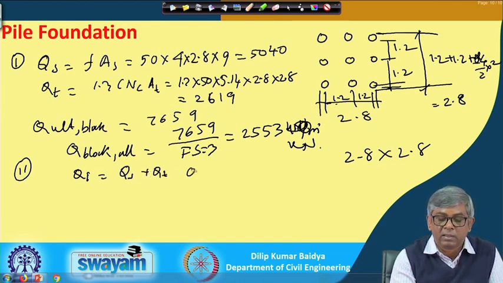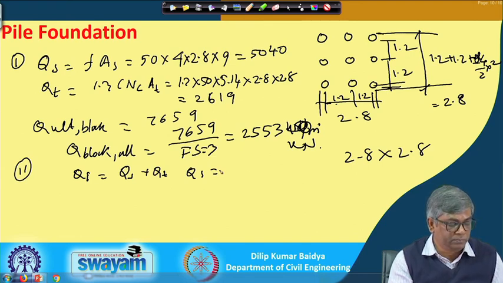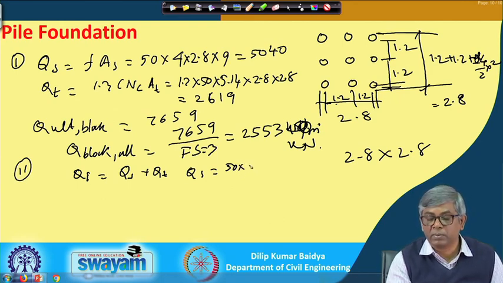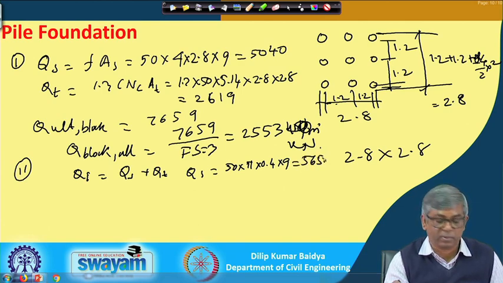And Q S will be equal to your 50, that is C, multiplied by A S, which will be pi multiplied by 0.4 multiplied by 9. So, this will come to 565.5.